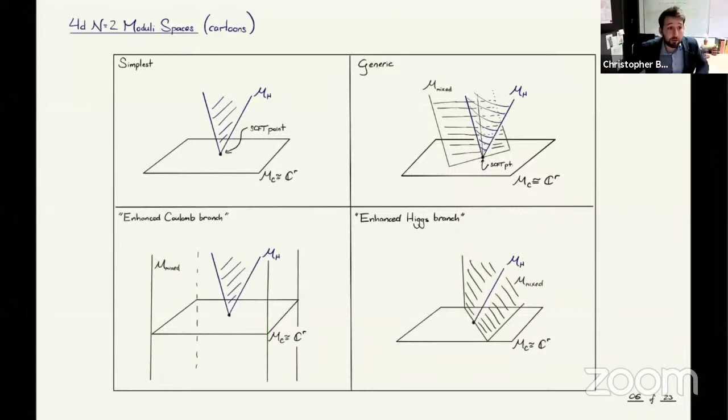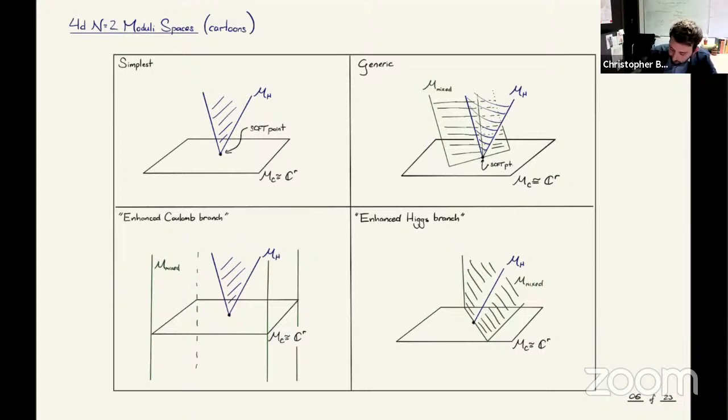Then there are a couple of extra pictures that I need to draw because the bottom right-hand side is really going to be what we run into later. So an extreme version of this mixed branch scenario is when the entire Coulomb branch is embedded smoothly inside of some mixed branch, and this situation has been dubbed an enhanced Coulomb branch by Phil Argyres and Mario Martone and their collaborators.